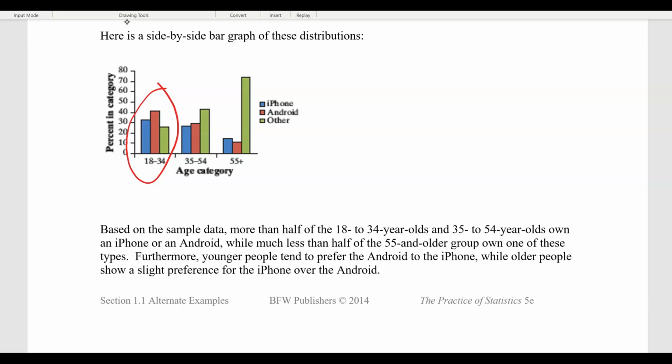And in fact, the younger folks are much less likely to be part of the other. But we saw in the overall distribution, an other phone was the most likely, and we can see where this is happening. It's mostly influenced by the 55 and older group. Therefore, a statistician would look at something like this and say, yeah, there does appear to be an association between age and the distribution of cell phone usage.